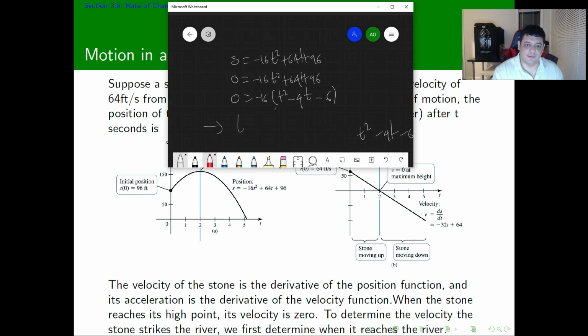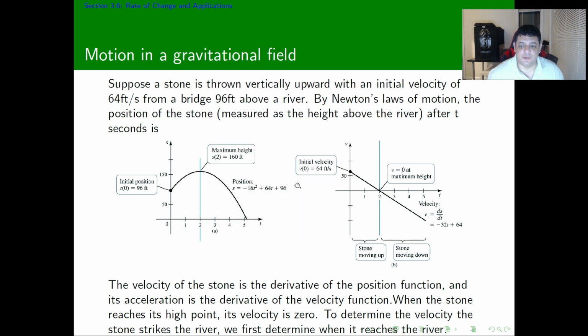That implies that t is equal to 5.16. And so the next thing that I do to determine the velocity when it strikes the river is to plug in that 5.16 into minus 32 times 5.16 plus 64. Okay? So this type of application is always about finding a time, or finding a certain speed, or finding a certain acceleration.